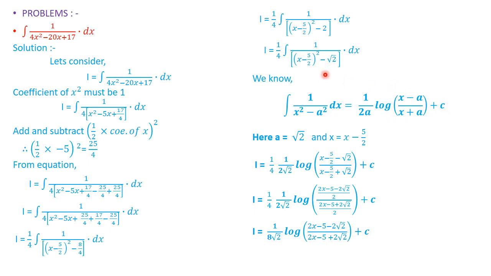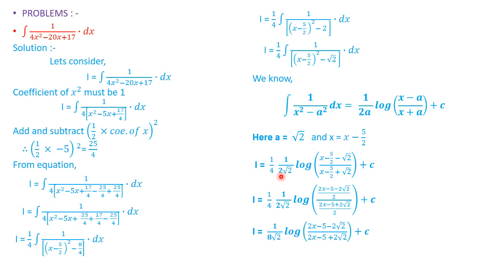Now what is your a? Root 2 here, and x is equal to x minus 5 by 2, isn't it? Therefore I is equal to 1 by 4 as it is into 1 by 2a, log of x minus 5 by 2 minus a, that is minus root 2, upon again the same x minus 5 by 2 plus a, that is plus root 2, plus c.